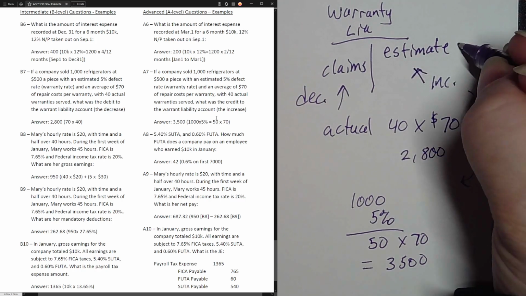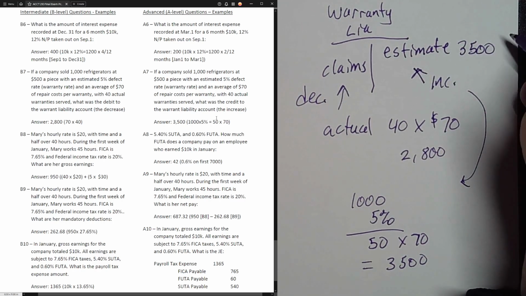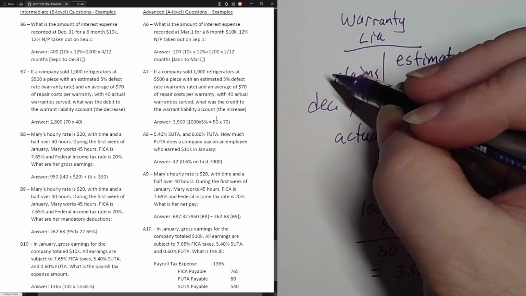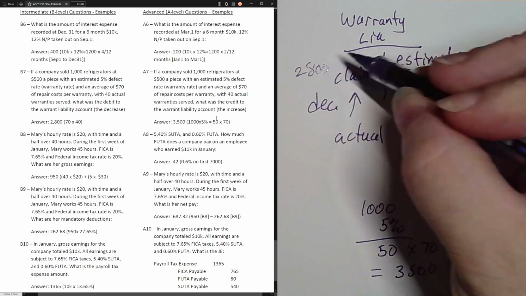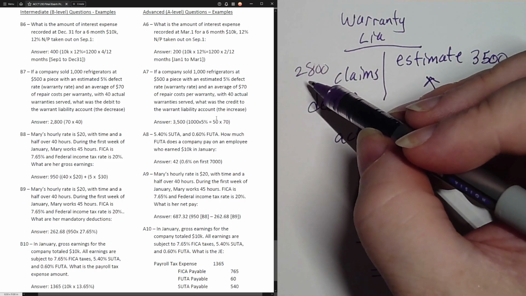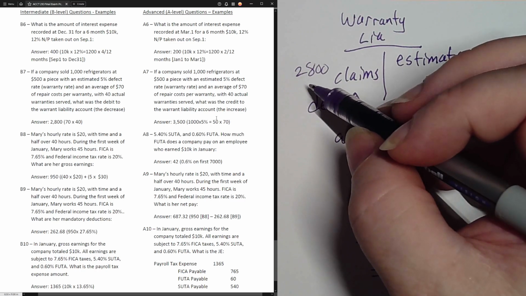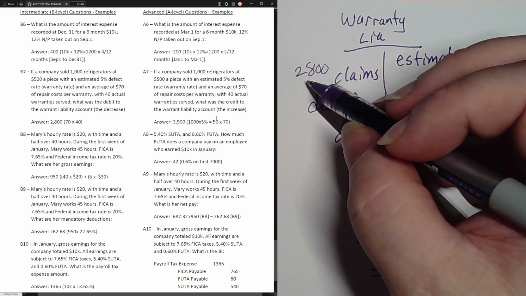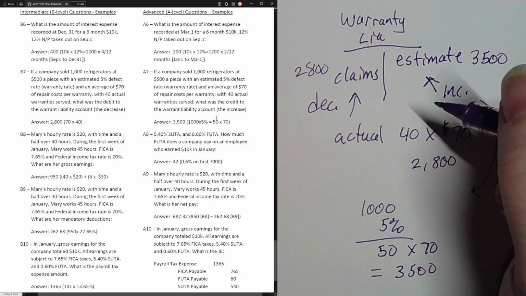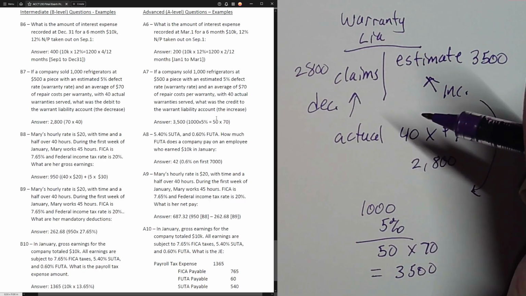We estimated that was going to be $3,500. Our claims came out to be a little less. It came out to be 2,800. So we set aside 3,500. People actually came in and took advantage of the warranty to the tune of 2,800. So therefore, what do we have? We have an additional 700 left in our estimate of the warranty liability.